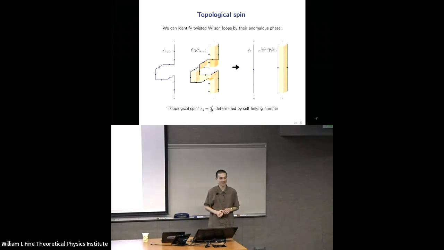You have data on the links, which are gauge fields, and then you supplement them with some data on the plaquettes, which shows you the integer of the flux through the plaquette. And when you move these things, as we move both of them, you can still preserve some of the topology.